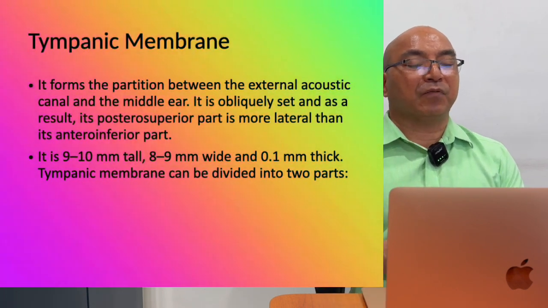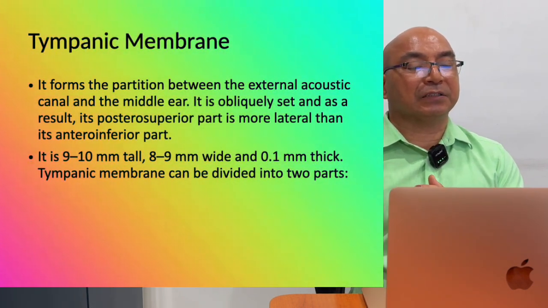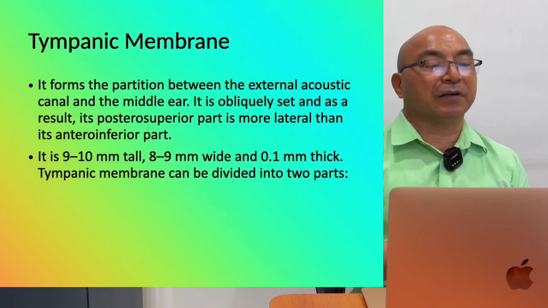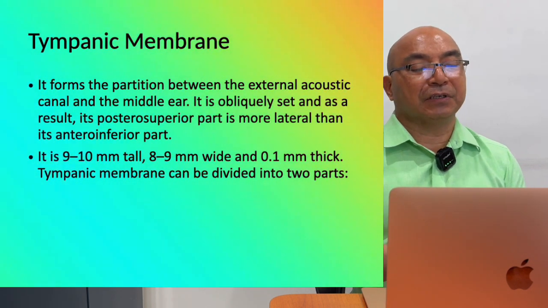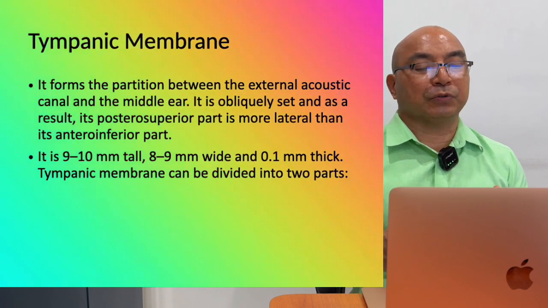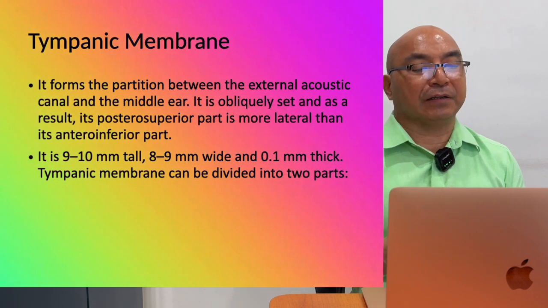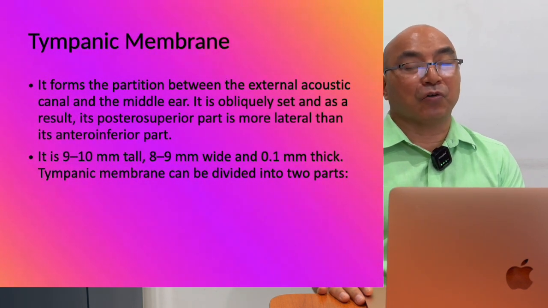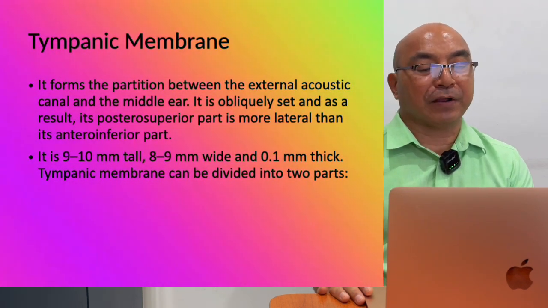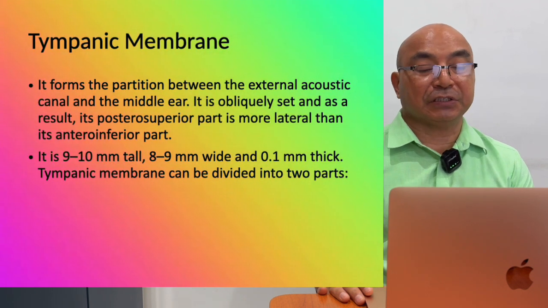The tympanic membrane forms a partition between the external acoustic canal and the middle ear. It is obliquely set, and as a result its posterior superior part is more lateral than the anteroinferior part. It is 9 to 10 millimeter tall, 8 to 9 millimeter wide and 0.1 millimeter thick.